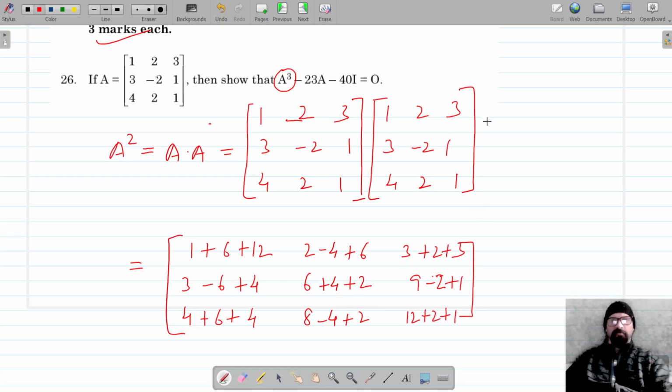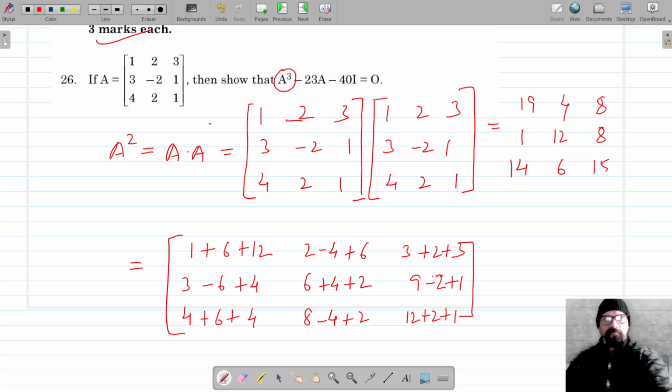Okay, so our A square now becomes 19, 16 plus 12 is 18 and 19, and then 4, 3, 3, 6, and 8, and minus 3 plus 4 is 1, and this is 12. 7 plus 1 is 8, this is 14, this is 6, and this is 15.